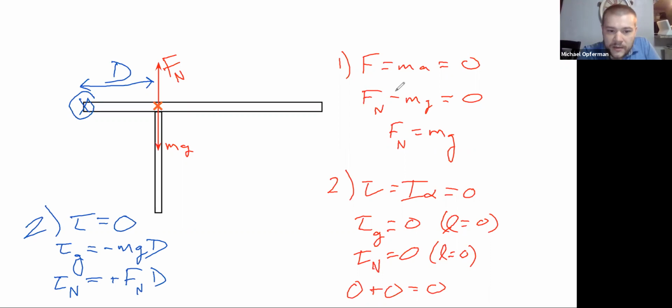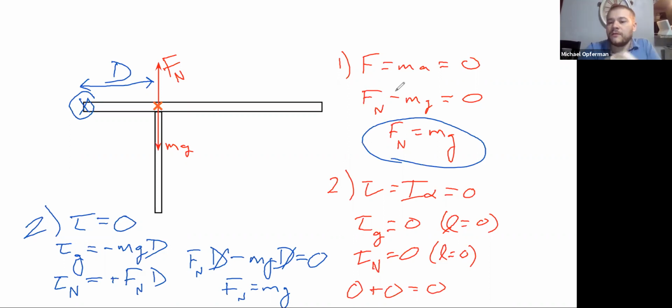So we end up getting Fn d minus mg d equals 0. You can cancel out the d there, and you end up getting Fn equals mg, which is the same thing I got up here. So it works.